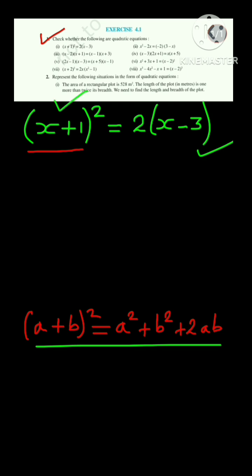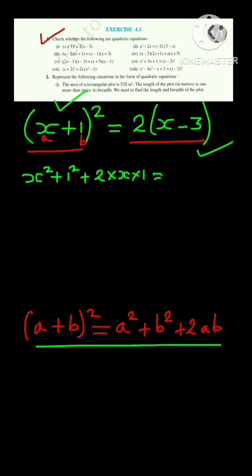So firstly let's assume this is a and this is b. Now it can be expanded like this: x square plus 1 square plus 2 into x into 1 equal to, now let's solve RHS.